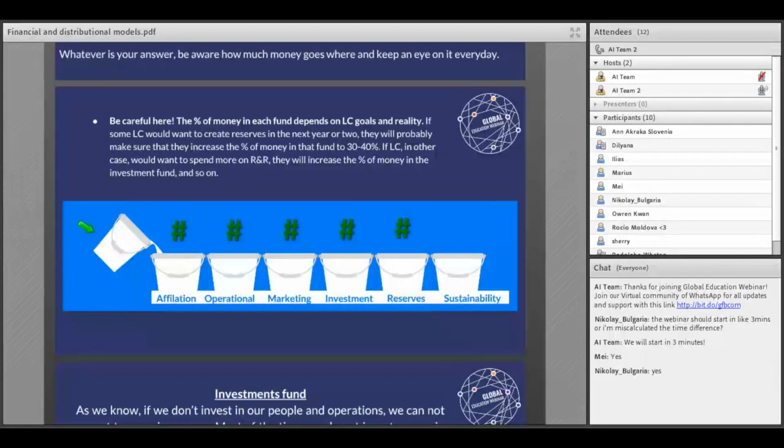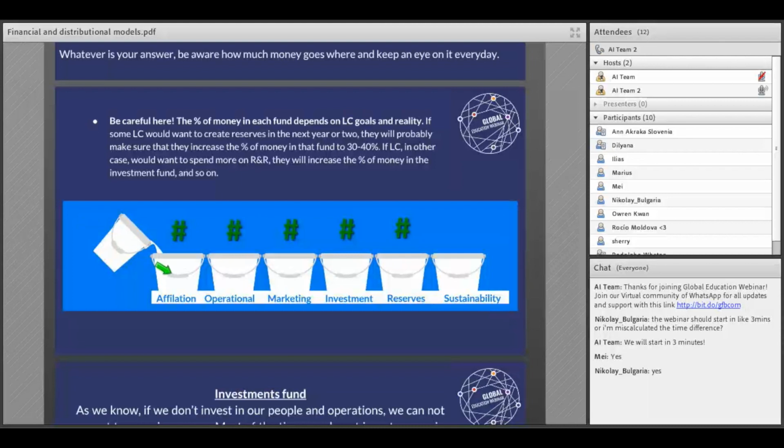The fund model is like a bucket of water where you're going to balance which is needed in different buckets. The one that is pouring is the income, the total income that you receive.